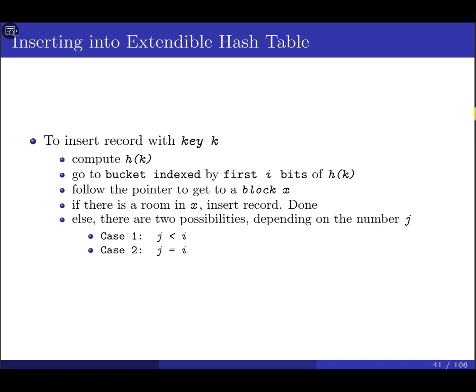Then adjust the pointers from the directory or hash table. If the value of j equals the value of i, the local equals the global, that means you cannot do this step yet. You have to expand the directory size or slots. Then after that, you can do the first step. You can do the split.